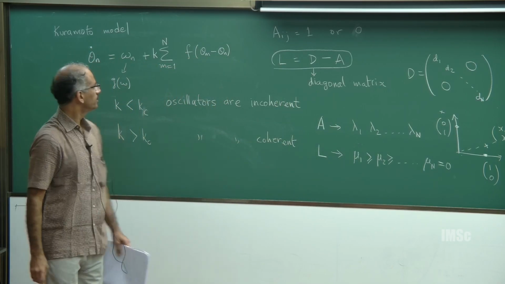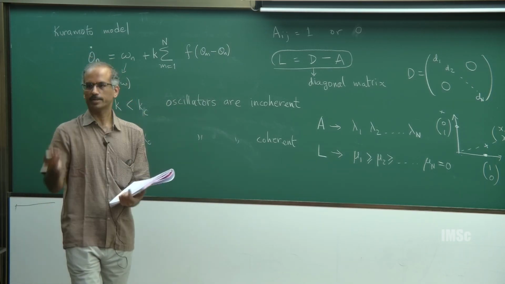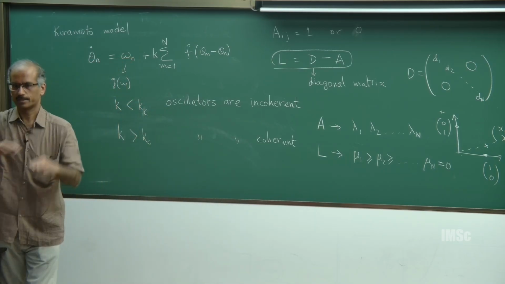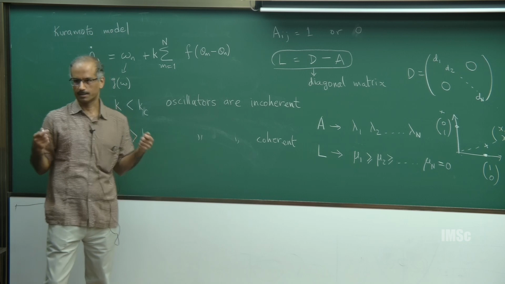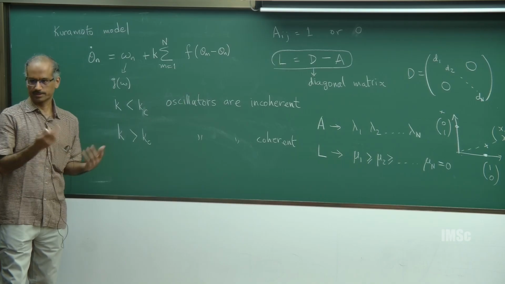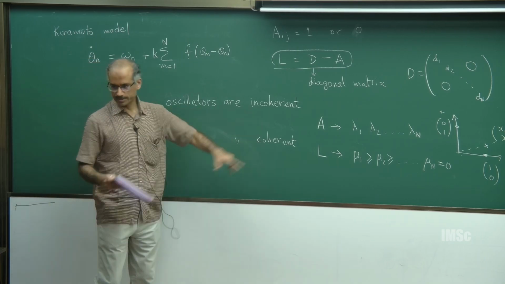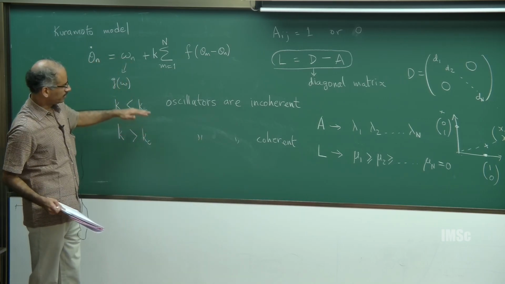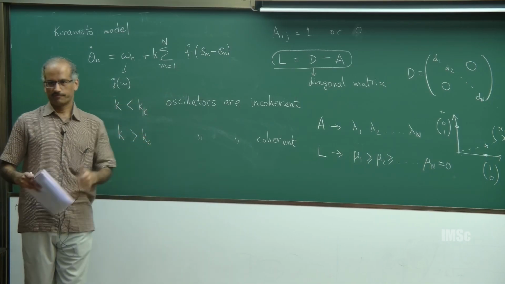Now, if we slightly modify this model and put it on an arbitrary network. What is coherent? Coherent simply means that there is some order parameter which takes a specific value. You can say that the oscillators are in phase, or maintain a constant phase difference, whereas incoherent means that they will not maintain a phase difference. So you can think of it as going from a not synchronized to a synchronized scenario.